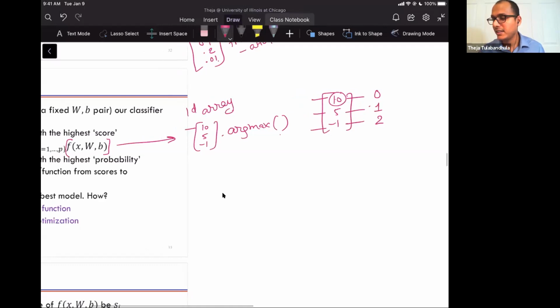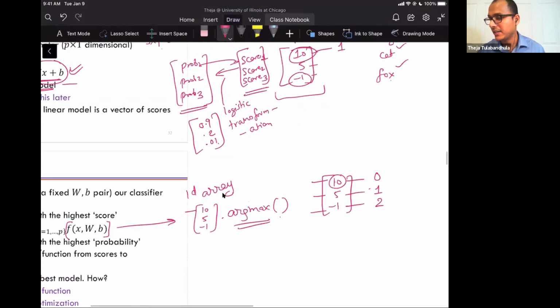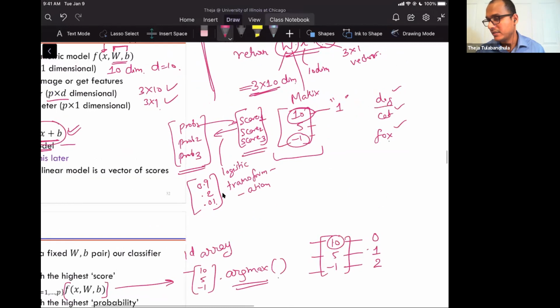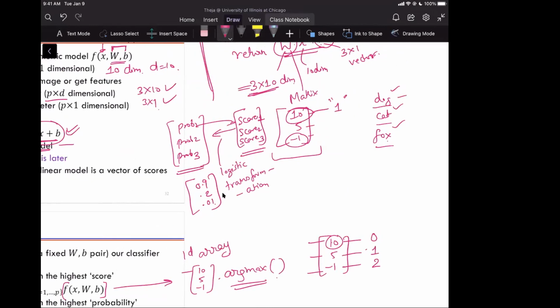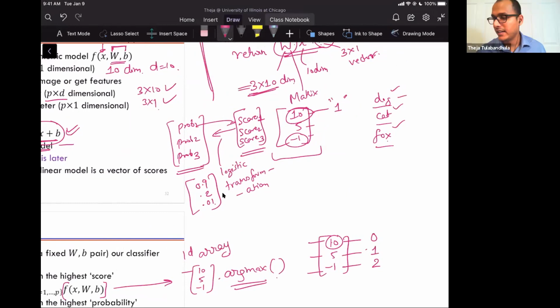And .argmax tells me, so ultimately I need to do a classification. Let's say I'm building a classifier which, given an image or some feature vector, says whether that image is a dog, a cat, or a fox. When I want to say dog, ultimately in computers it's just going to be a string.